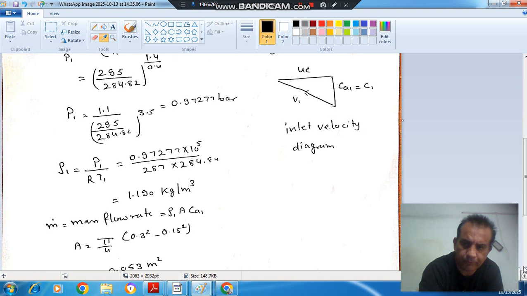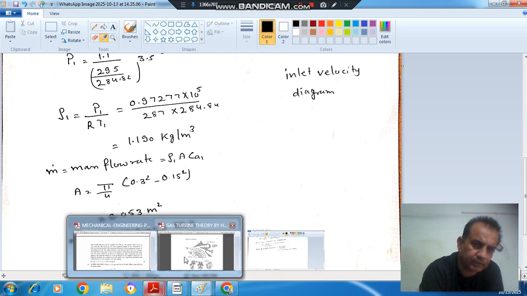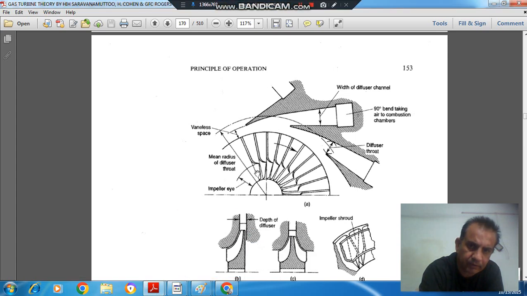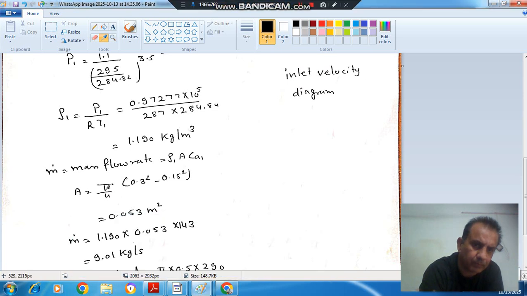Now density is known, and the inlet velocity is axial, and that is also known. The area where the air is entering is this part. This is your eye root, and this is your eye tip, and the area is pi by 4 into eye tip diameter squared minus eye root diameter squared.